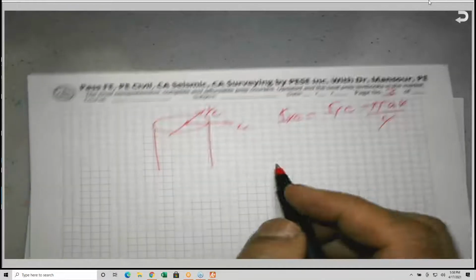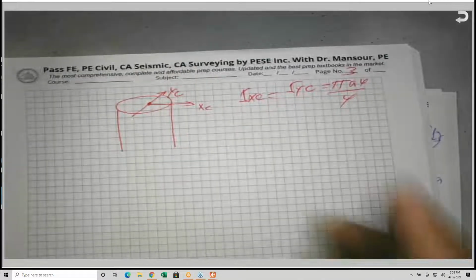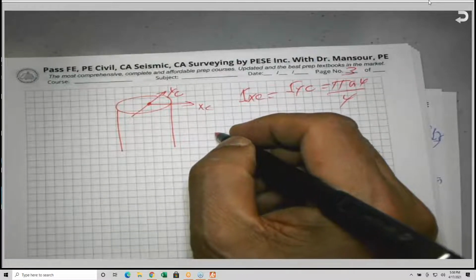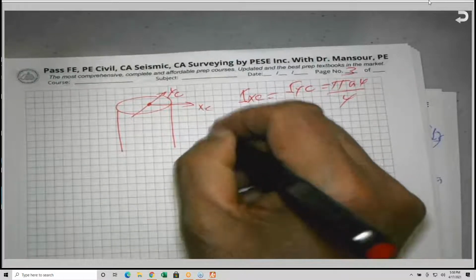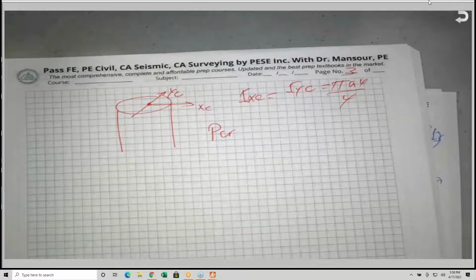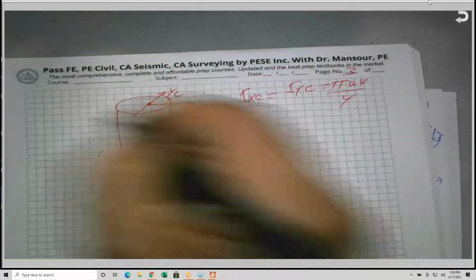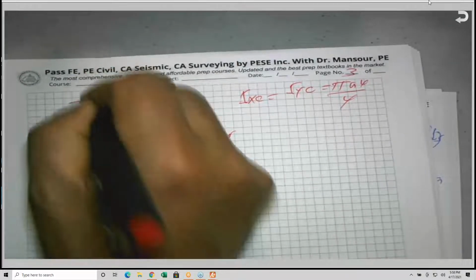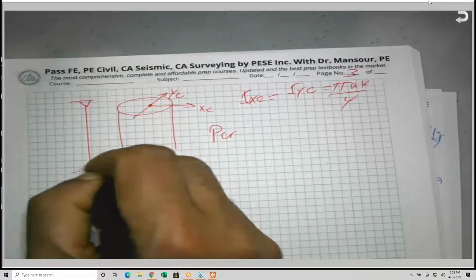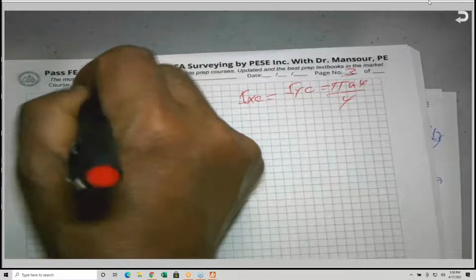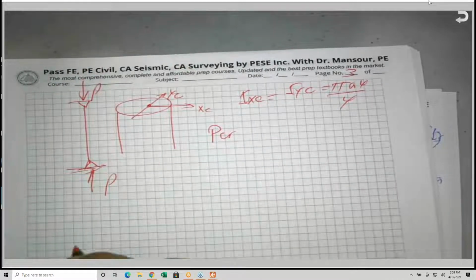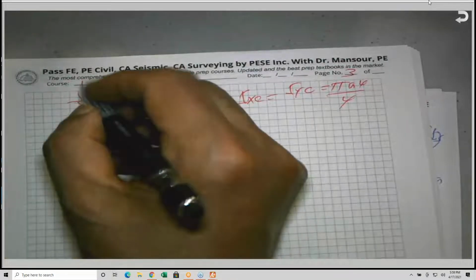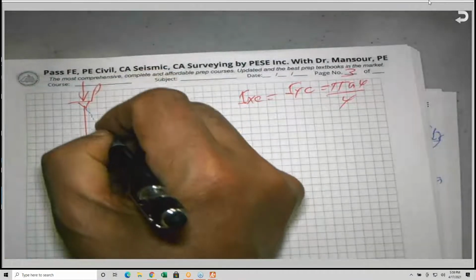We are going to see one equation in mechanics of materials called buckling critical load, or P critical. Buckling is a serious issue for columns. If you have a column subjected to axial load and you increase the load, at one load value it will buckle like this.